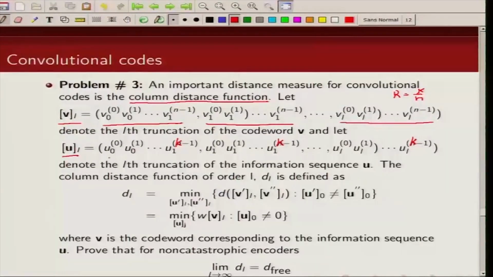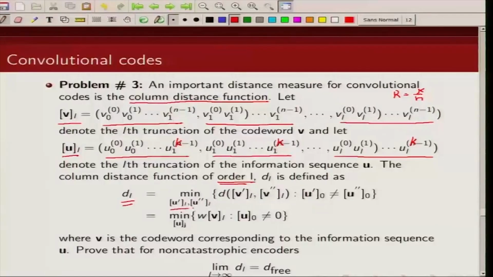So, for the first time instance you have k inputs, for the second time instance you have k inputs, and similarly for L time instances you have k inputs. Now, note that both your information and coded sequences are truncated up to length L. Now, we define the column distance function of order L as follows.